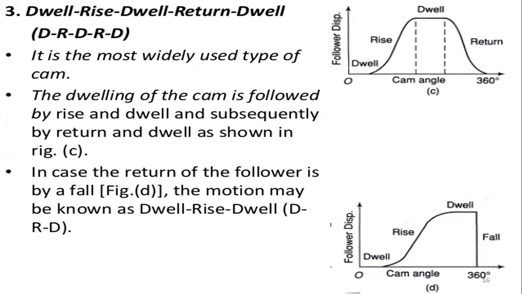In case the return of the follower is by a fall, the motion may be dwell rise dwell. So in case the return of the follower is by the falling method, from the dwell position to the falling one, it starts with dwell rise and dwell. So these are the three positions.